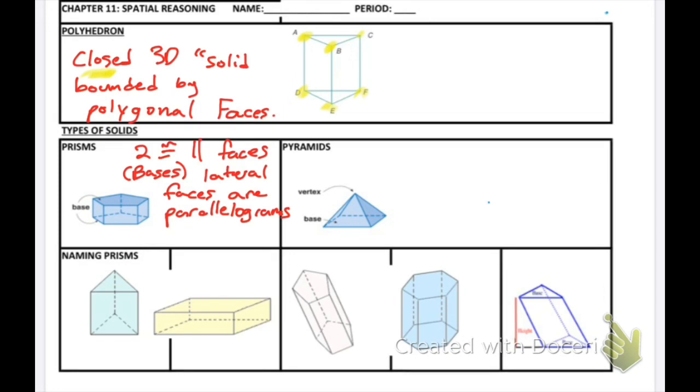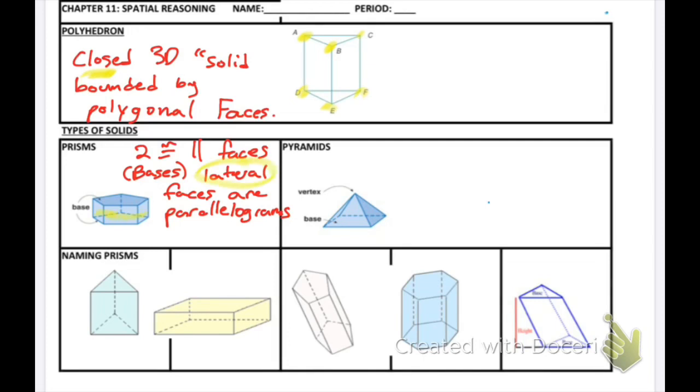We have two congruent parallel faces called bases. So that's the top up here and the bottom down here. Those are the same shape, everything's the same, and they're also parallel to each other. So those are my bases. Now my lateral faces, lateral just basically means going around the side.